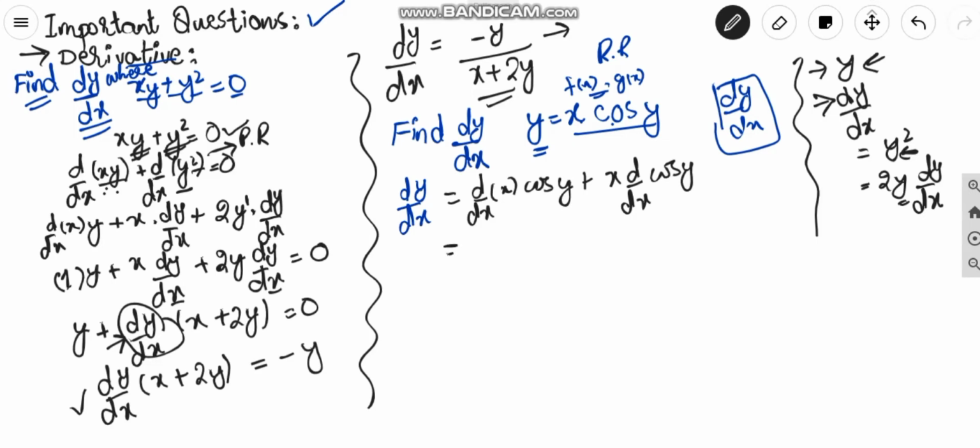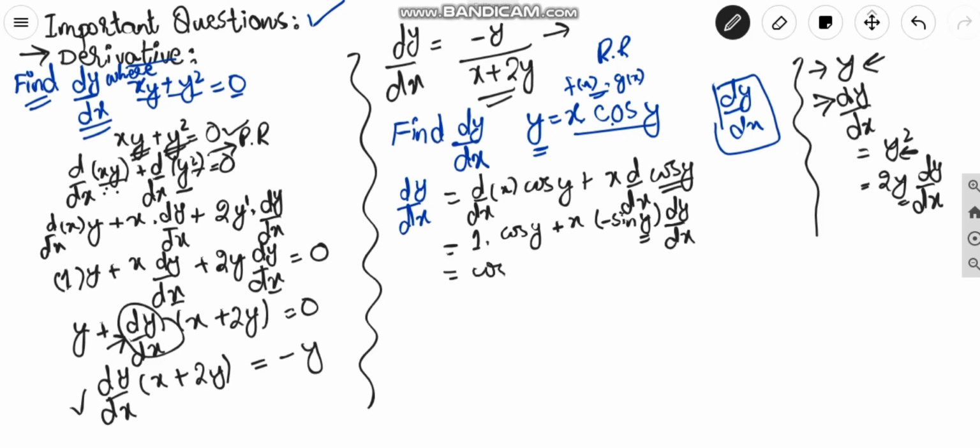Here derivative of x with respect to x is 1 and cos y will remain as it is. Now x is as it is and the derivative of cos is minus sin y, and the further derivative of y with respect to x is dy by dx.